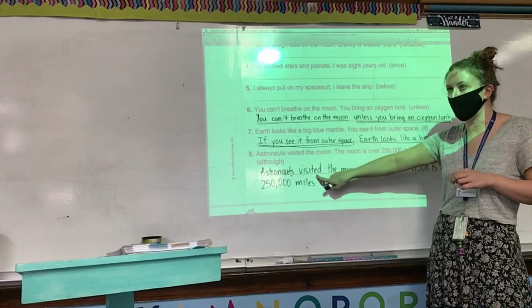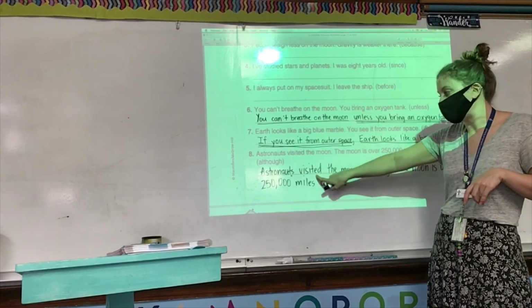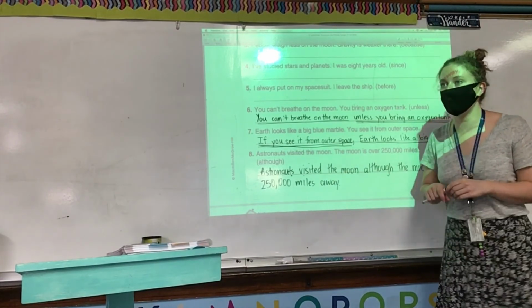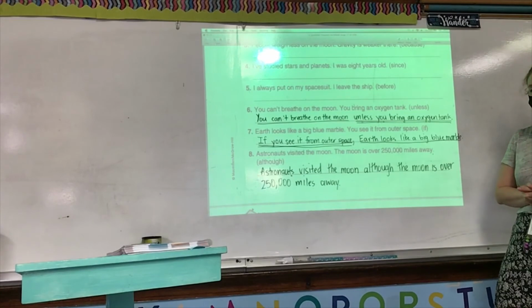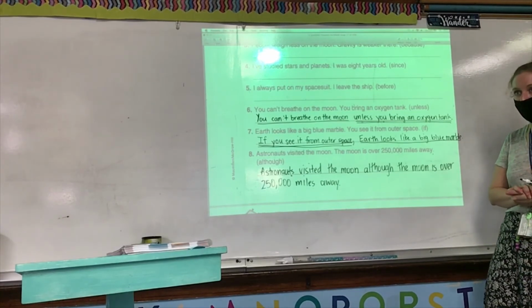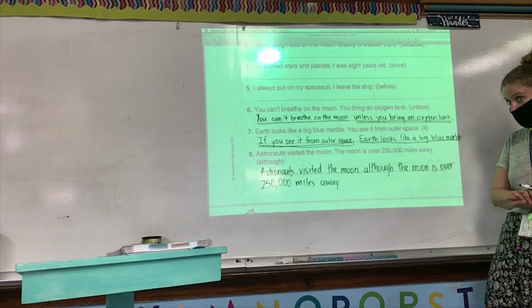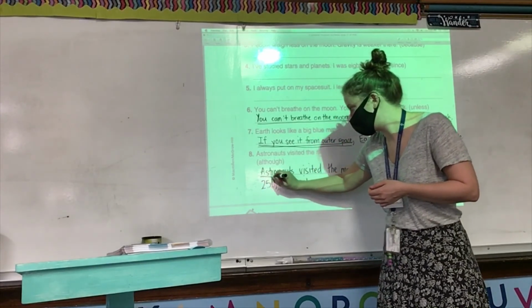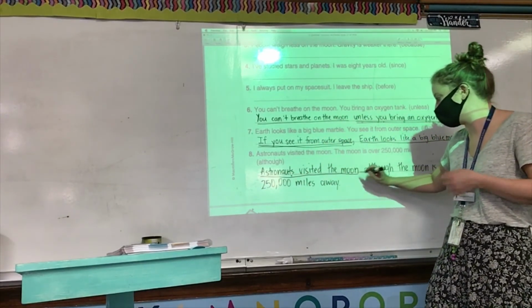So can that be a clause at all? No, it has to have a subject and a predicate. And we're looking at independent, so it has to be the one that can stand alone. The one that if we pulled it out and put a period at the end, it would be a complete sentence. Astronauts visited the moon. That is our independent clause.